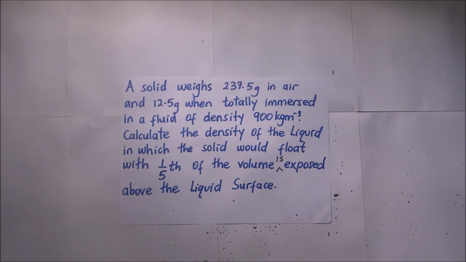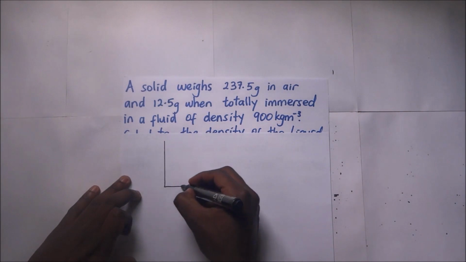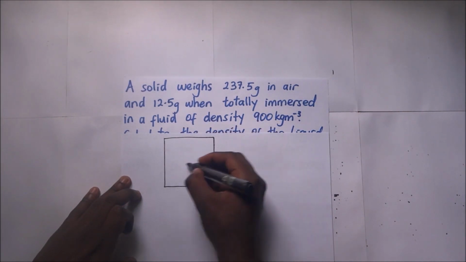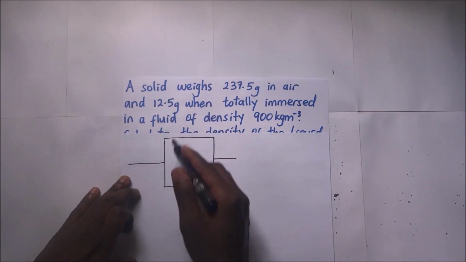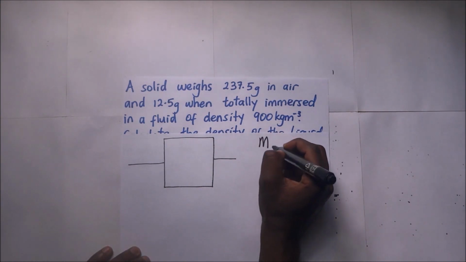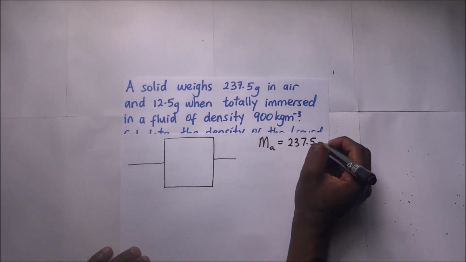If I may summarize this question, we are talking about a solid here. The question gives us some information about its mass. This solid weighs 237.5 grams in air, so this is its mass in air: 237.5 grams.